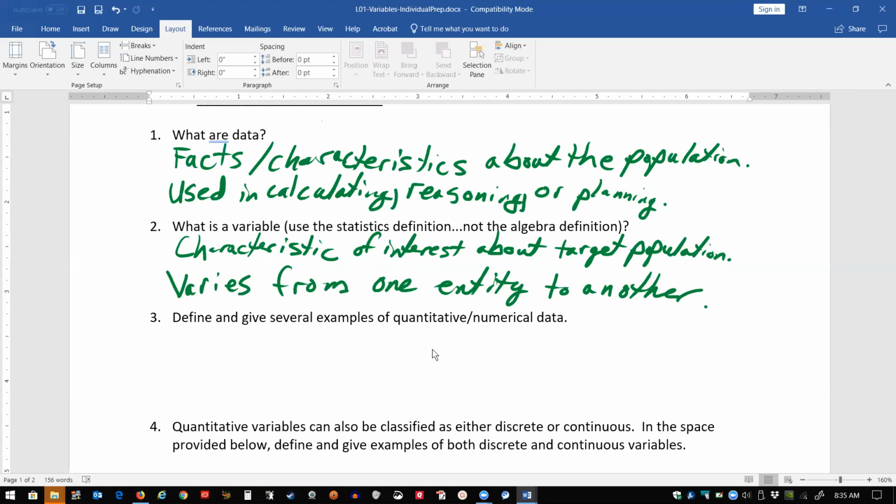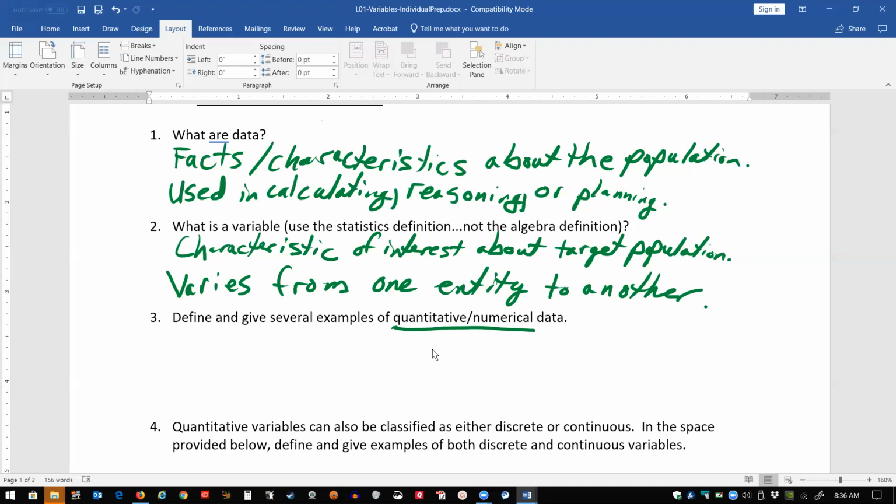Now, there are different ways to classify the data and variables that you're going to use. The first type of data or variable that we're going to talk about is what's referred to as quantitative or numerical data. Sometimes it can be a little misleading because this doesn't mean that every number is quantitative or numerical. You've got to look at the role that number plays.